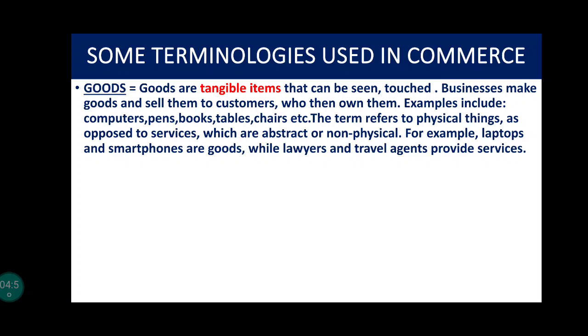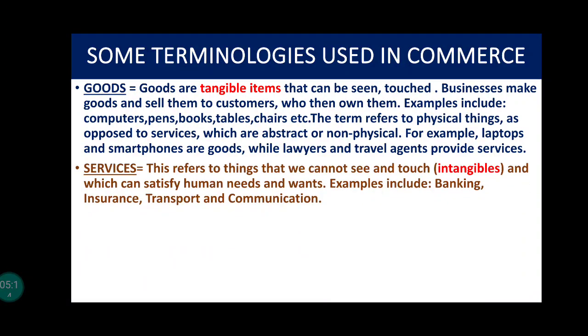The term goods refers to physical things as opposed to services, which are abstract or non-physical. For example, laptops and smartphones are goods, while lawyers and travel agents provide services. So services refer to things that we can't see and touch.